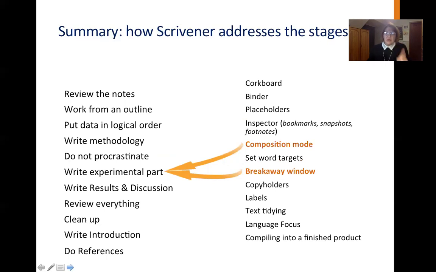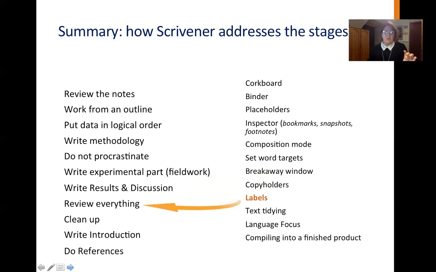Then for the experimental part, the same, you can use composition mode and you can use breakaway windows. The same goes with the discussion of results, and probably you'll use more copy holders this time because you need some more windows to be open there.